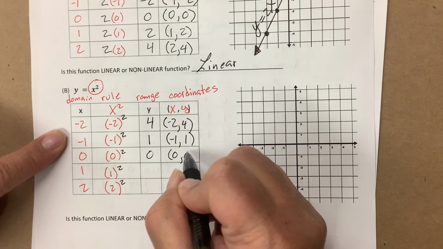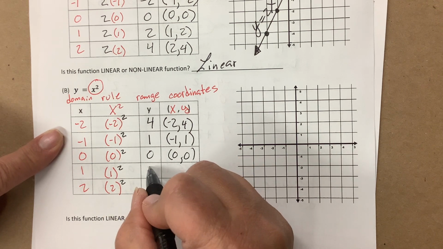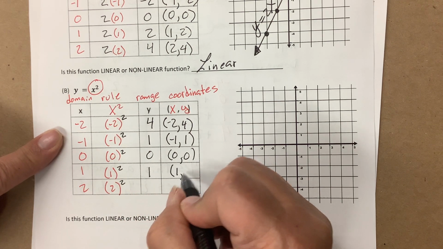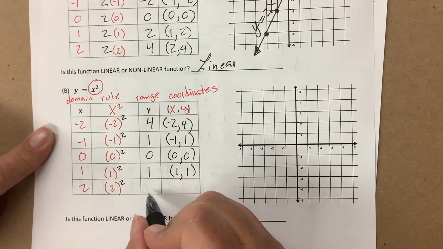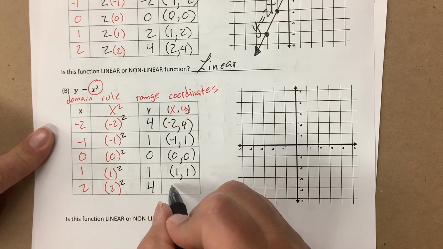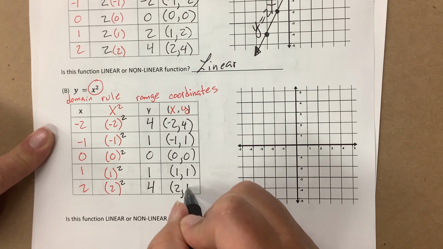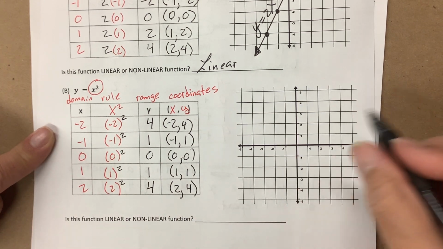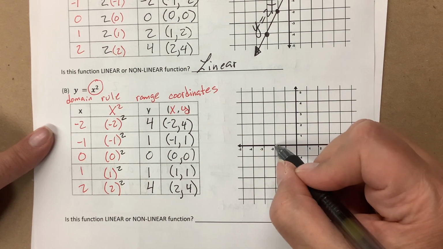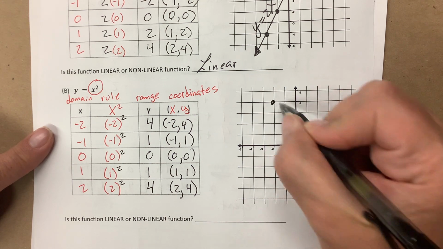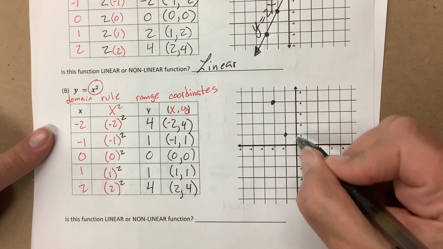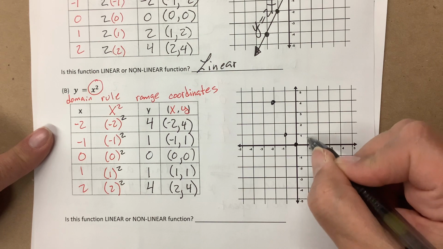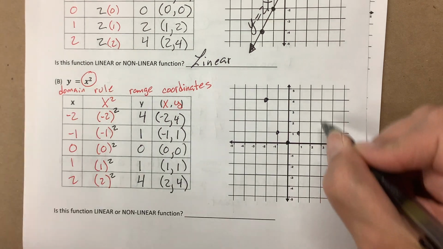Still 0, 0. 1 squared is 1. So 1 and 1. 2 squared is 2 times 2, which is also 4. And it's going to be 2, 4. So my points are -2, +4, -1, +1, 0, 0, 1, 1, and 2, 4.